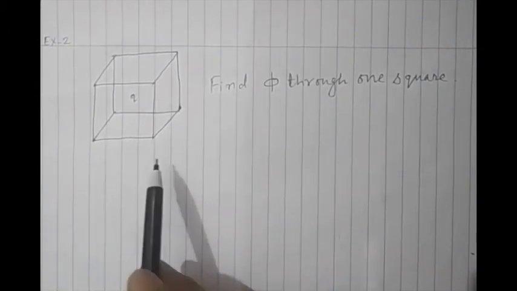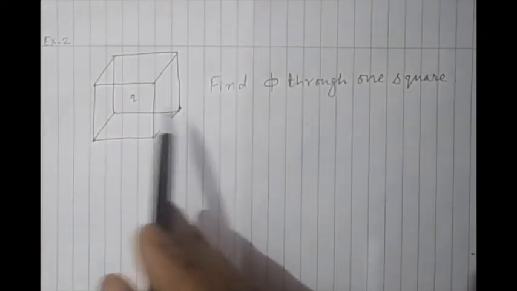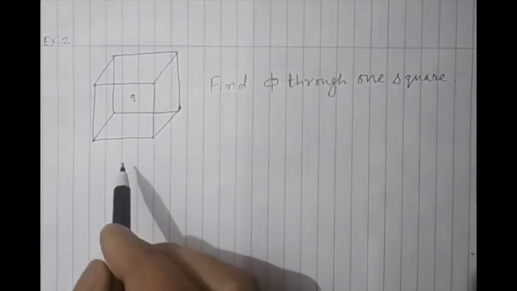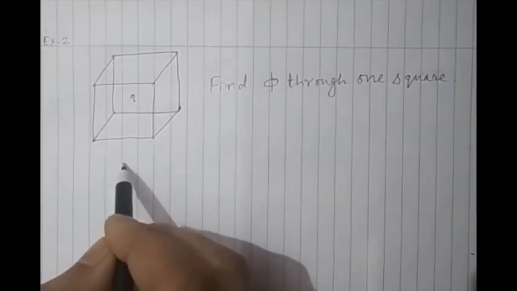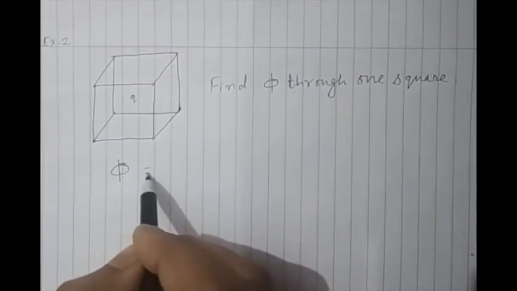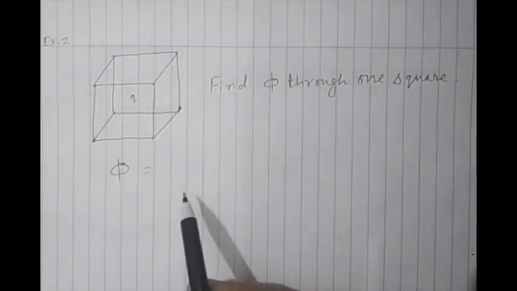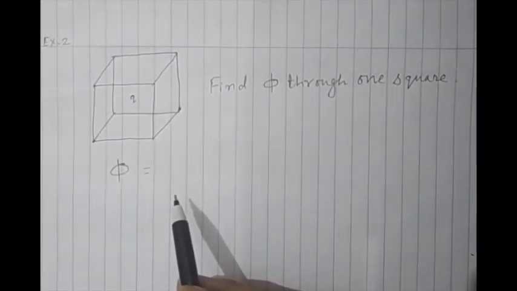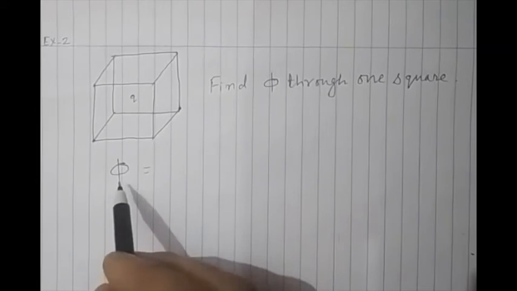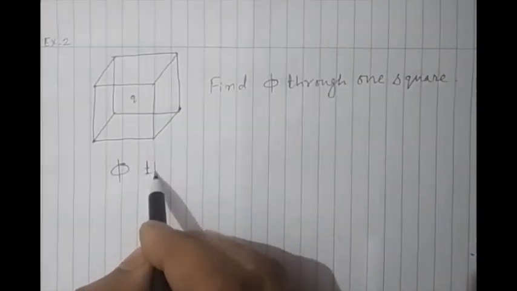We can apply Gauss's law to find the electric flux. You know that electric flux through a closed surface is equal to the total charge enclosed inside the surface divided by epsilon naught.